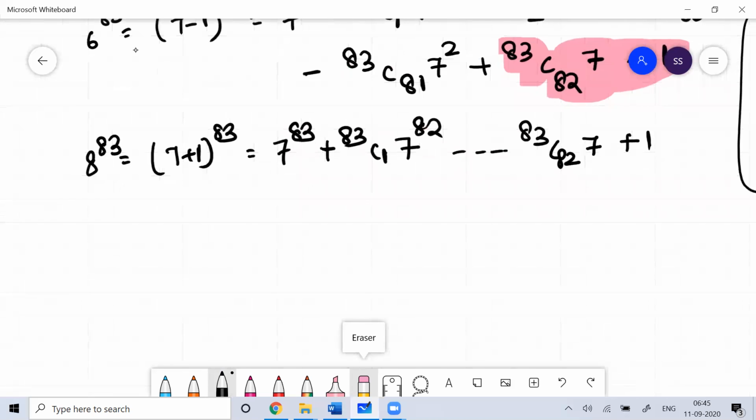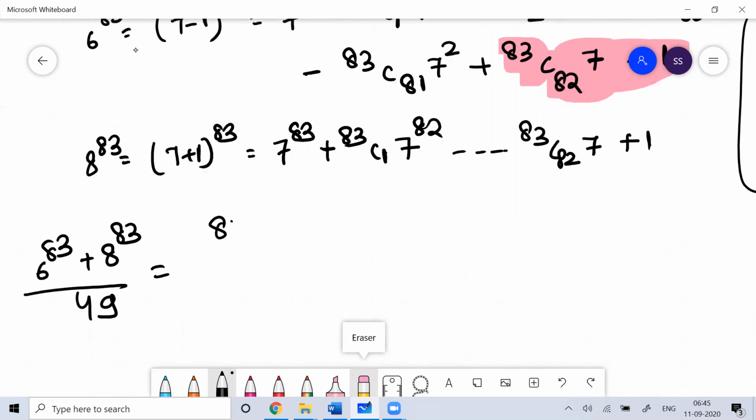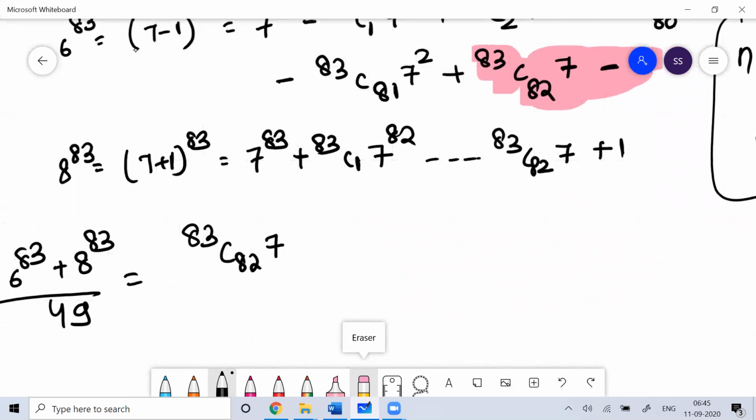So if you add them, 6 to the power 83 plus 8 to the power 83 when divided by 49, all the terms will give a remainder 0 except 83C82 into 7 minus 1 plus 83C82 into 7 plus 1.